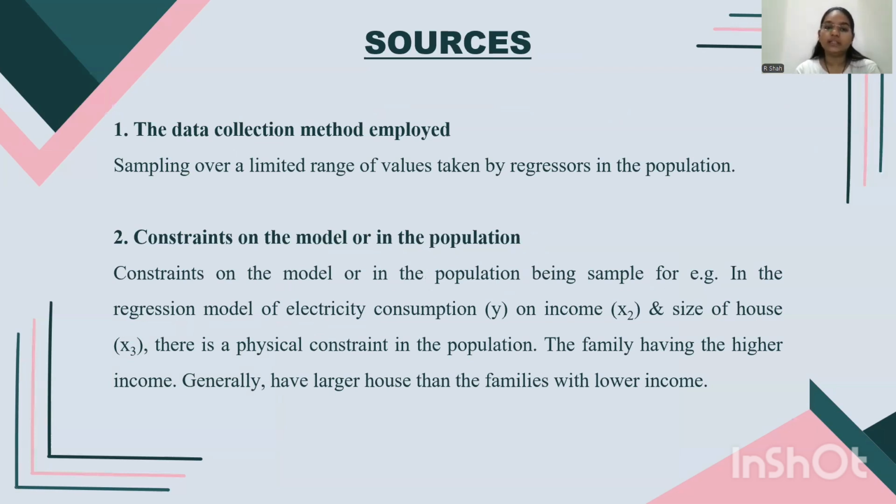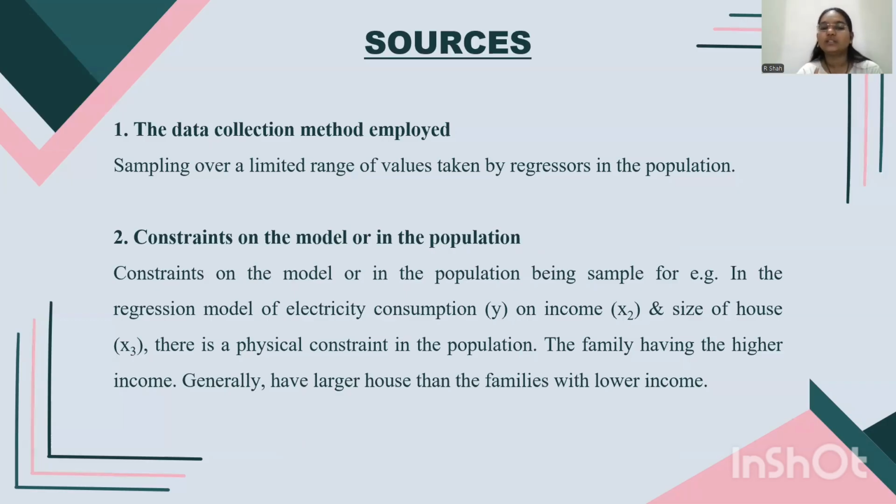Sampling over a limited range of values taken by regressors in the population. So here we are talking about a limited range of values. What is a limited range? Suppose for the independent variable you take values 1 to 5, and on the other hand, you take values 0.1 to 0.5.